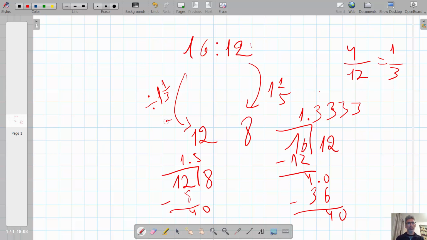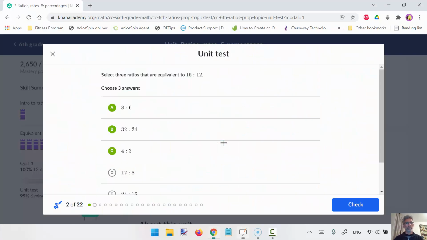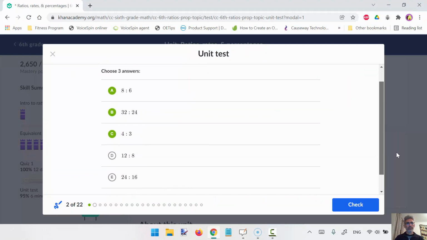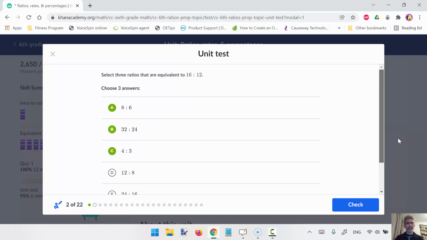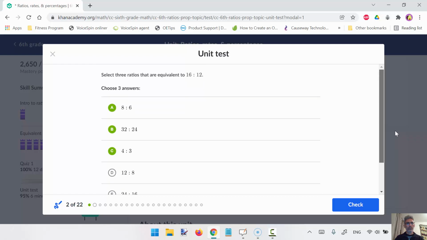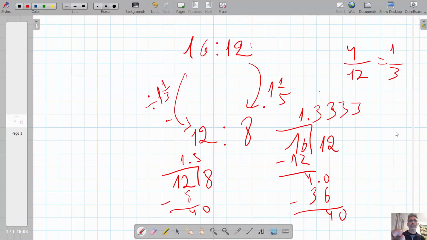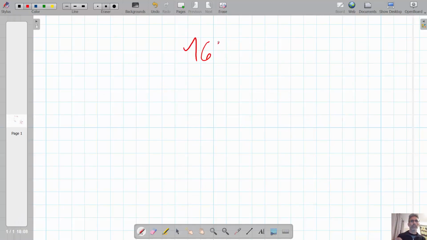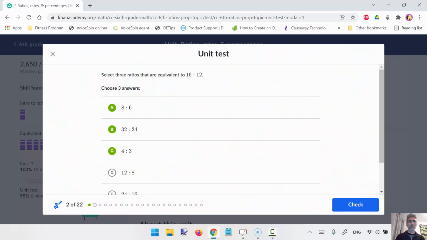So 12 to 8 is not a good ratio. And 24 to 16, compared to the original ratio.